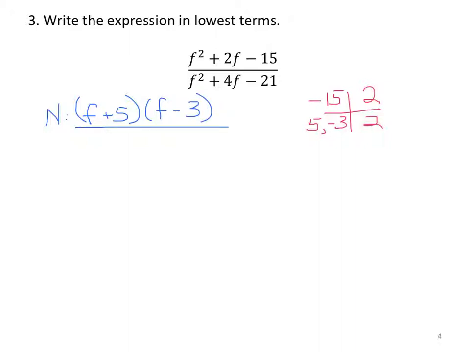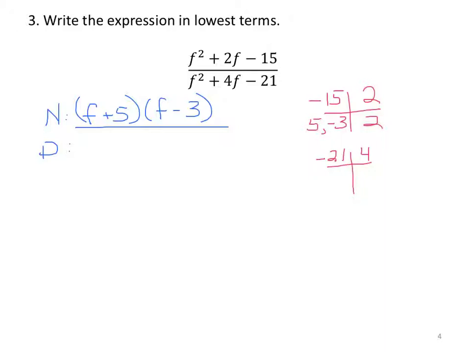Okay, now let's do our denominator. Same thing, it checks out all the way. We don't have a greatest common factor, we don't have a special case, we don't have a coefficient in front of the lead term f squared that is different from 1, so we can use reverse FOIL. That means we need two numbers that multiply to give us -21 and add to give us 4.